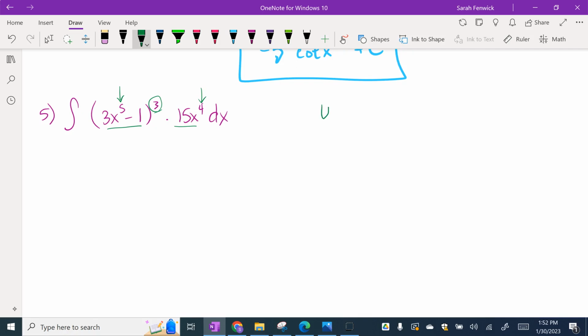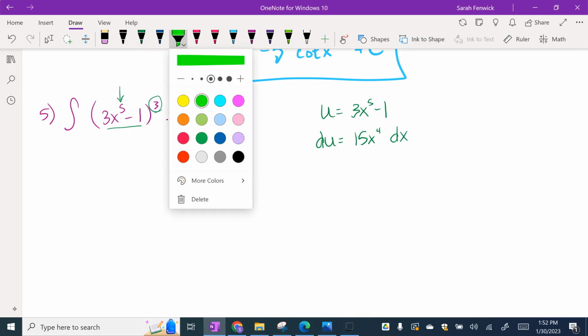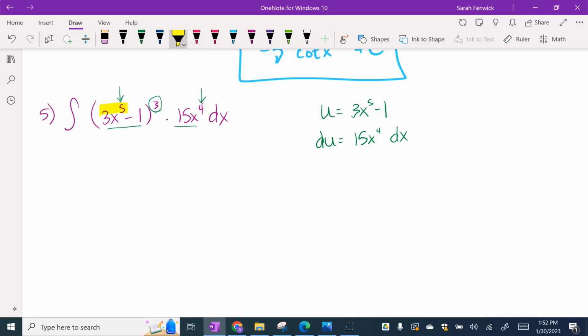So if I say that u is 3x to the 5th minus 1, du would be 15x to the 4th dx. So if you pay attention, this is u and this is du. So I can rewrite: integral u to the 3rd du is u to the 4th over 4 plus c.